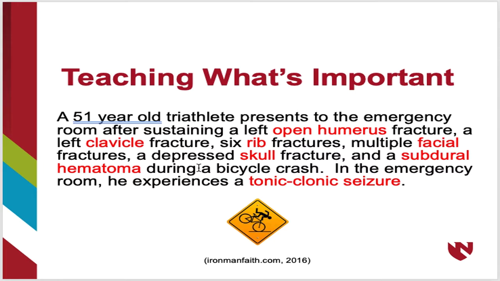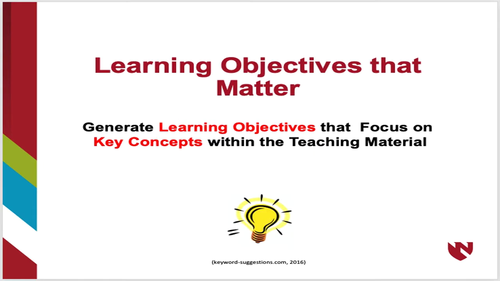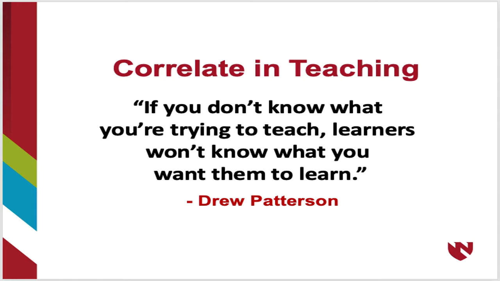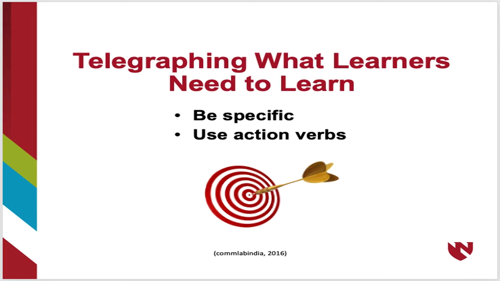That's the key concept you've identified in this scenario: an induced seizure versus a non-induced or primary non-provoked seizure, and how to differentiate between them. And then you have to correlate that in your teaching. If you do not know what you're trying to teach, then learners won't know what you want them to learn, and that will create unsatisfactory results. You have to be specific, and you have to use action verbs.